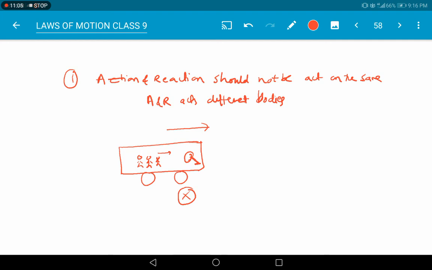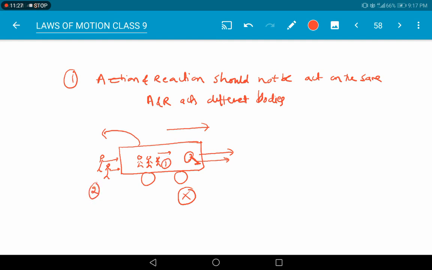Now some students get out of the bus and push it. In this case, the bus will move in the forward direction. What is the difference between case 1 and case 2?